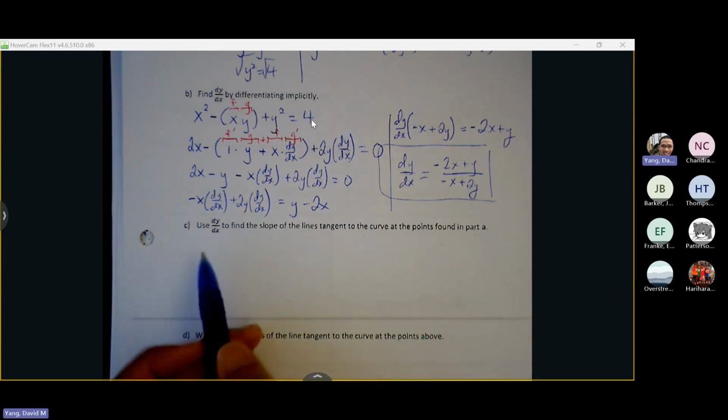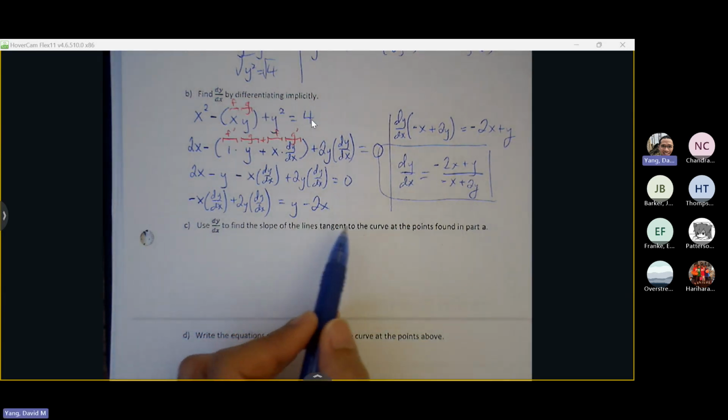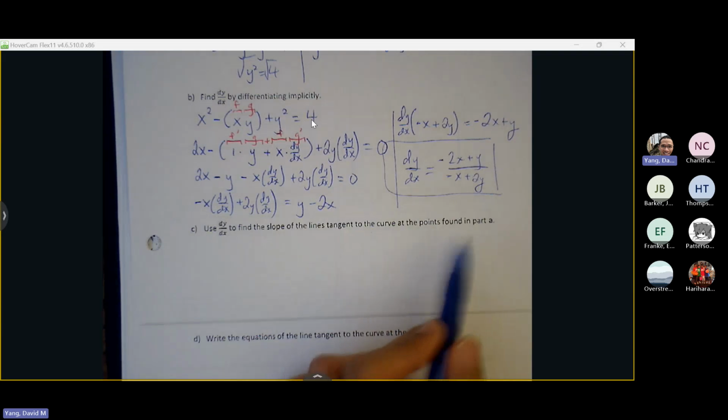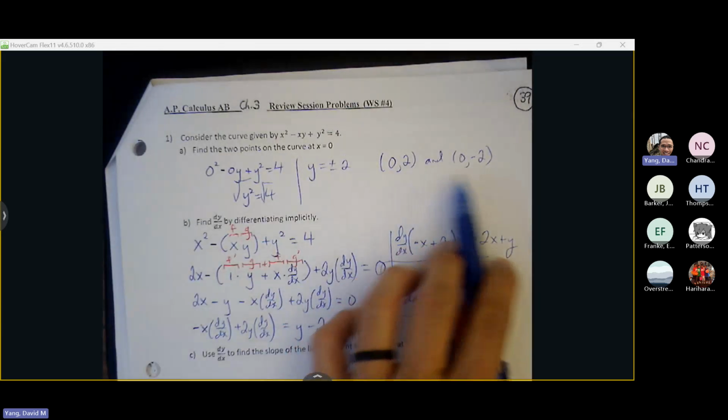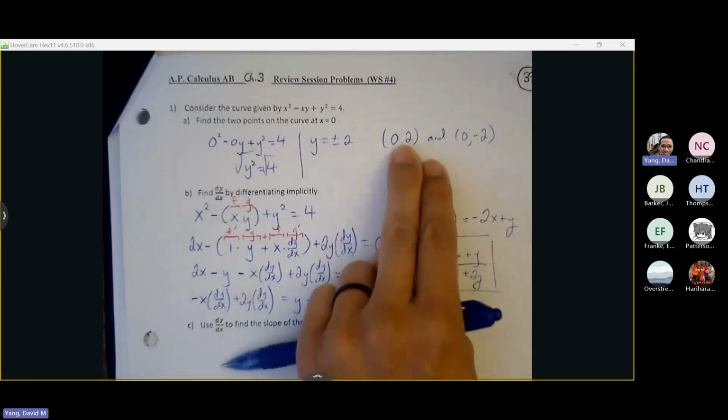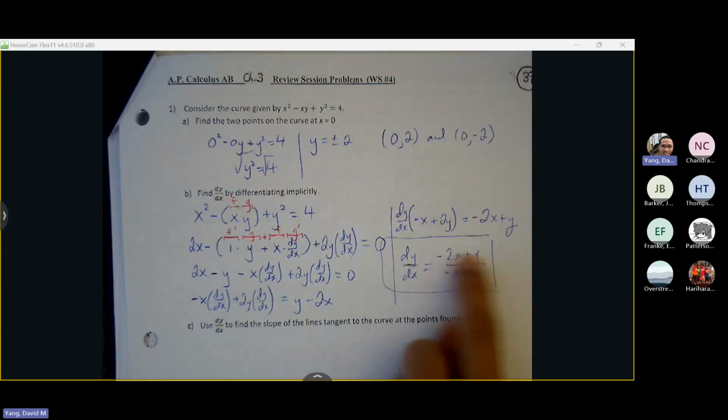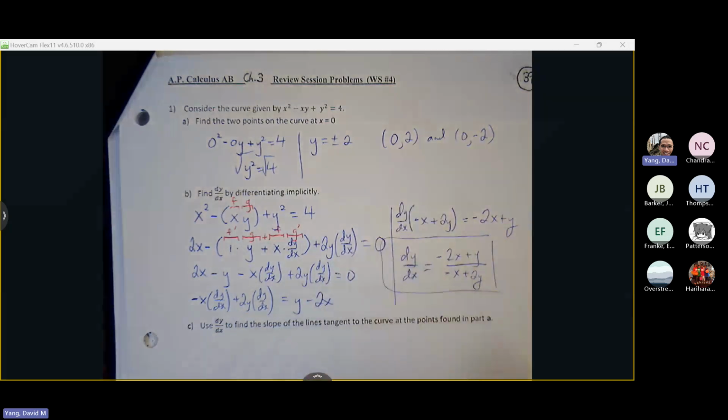Part C, use the derivative to find the slope of the lines tangent to the curve at the points found in part A. So we want to find the slopes at (0, 2) and (0, negative 2). So we can just simply insert each ordered pair into the derivative to find the slopes at those points.